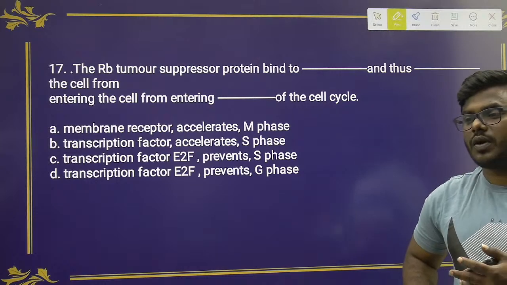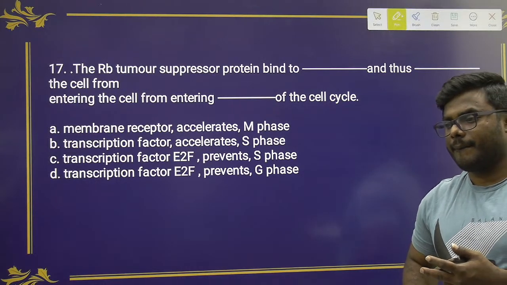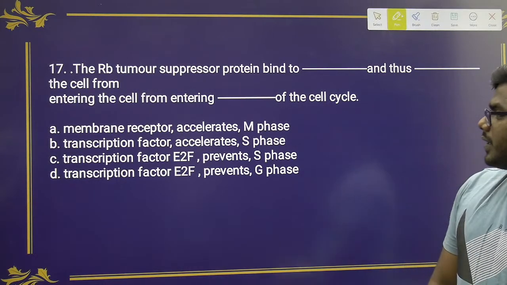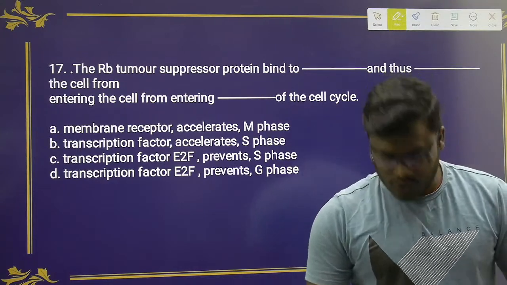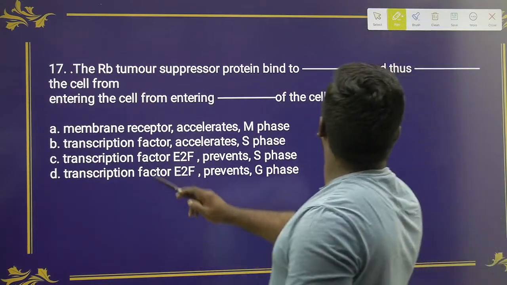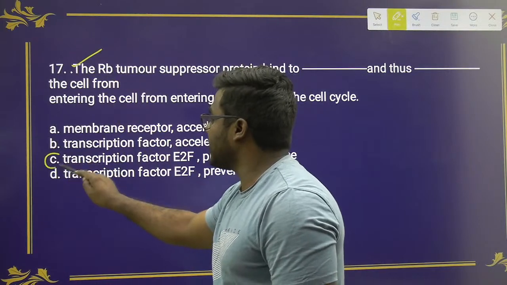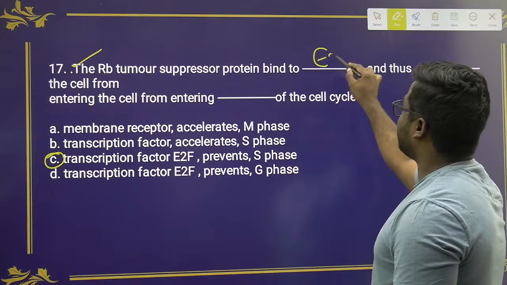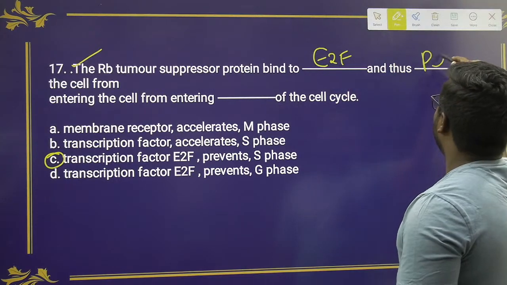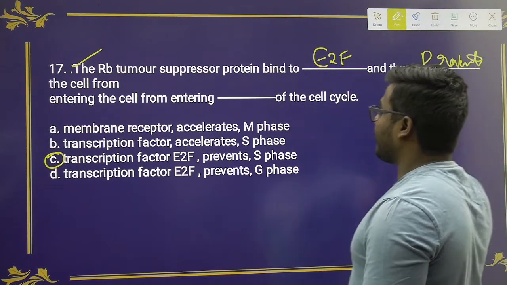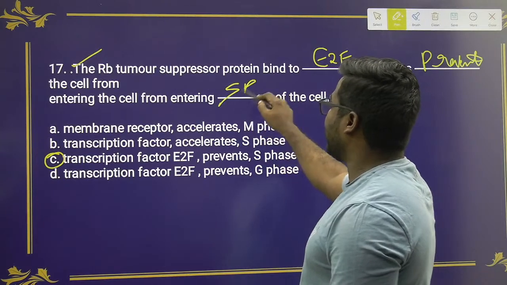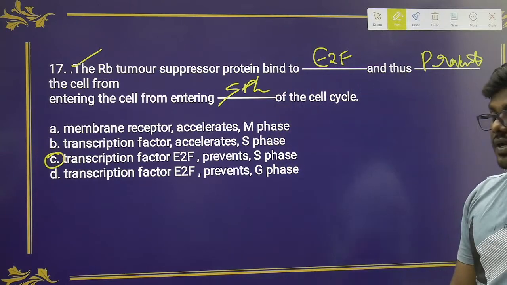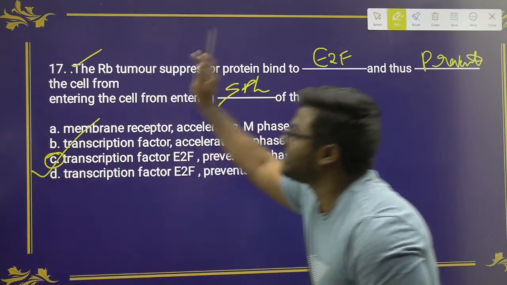Twenty seconds more. Okay. Stop. For question number 17, the answer will be C. You know that the RB tumor suppressor protein binds to the transcription factor E2F and prevents E2F from entering the S phase. Right? Hence the correct answer will be C.